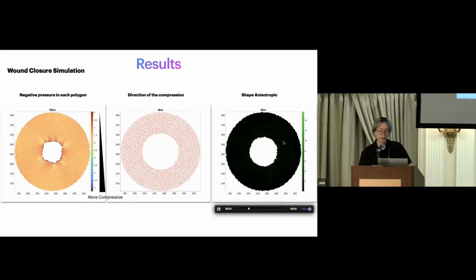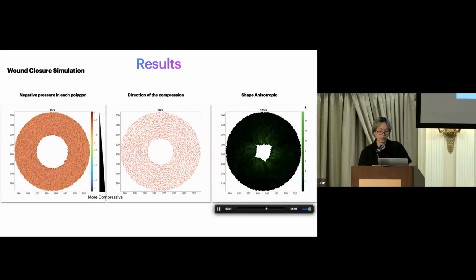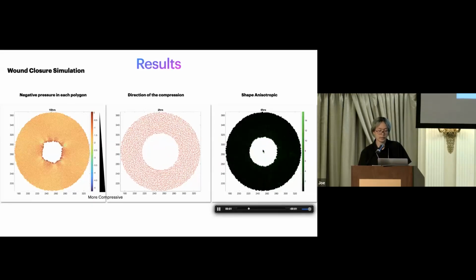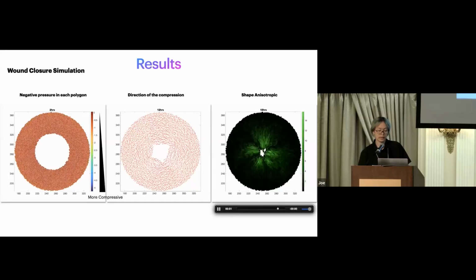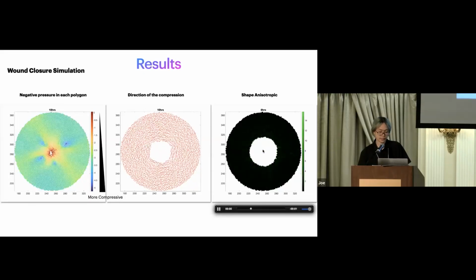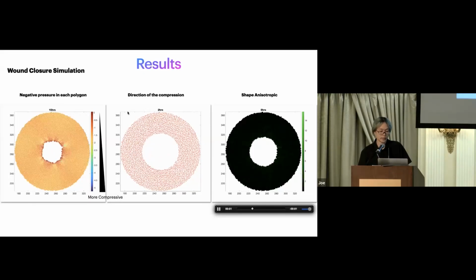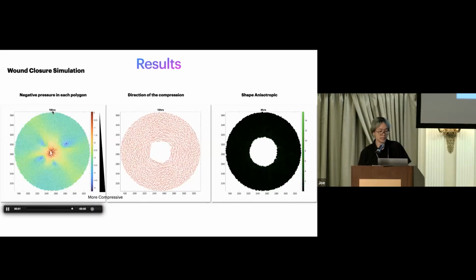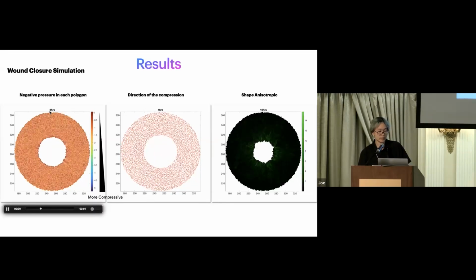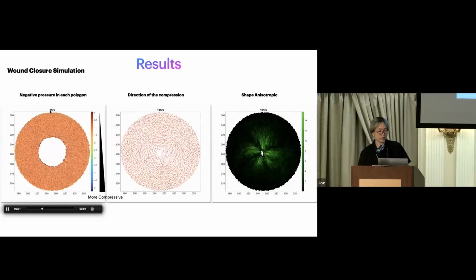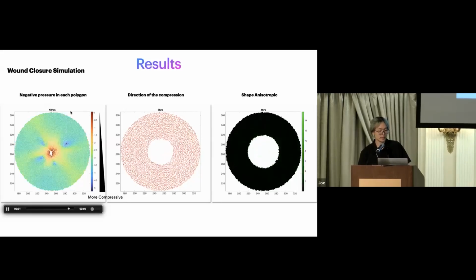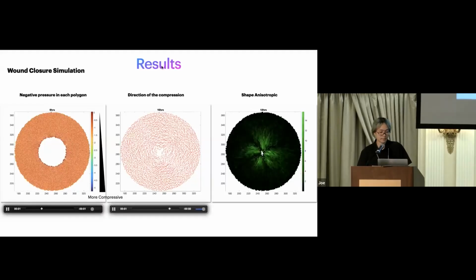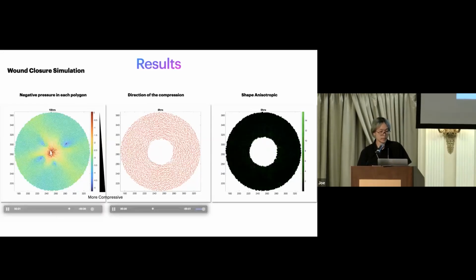So basically, the brighter the green is telling you how much more elongated the polygon is. And you can see the dt that I use in this simulation is about 2 hours, because you can see that it goes from 2 hours to 4, 6, and so on up to 18 hours. Right, so that's one result.